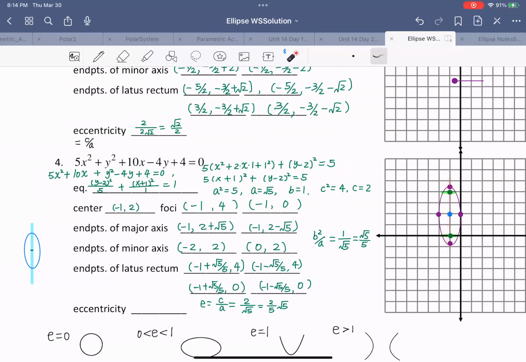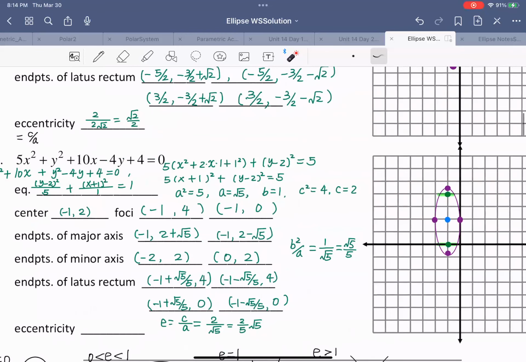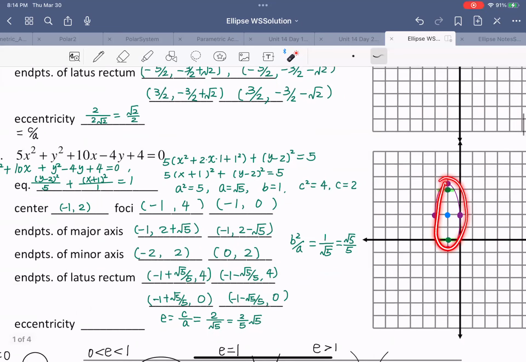And when I want to do the latus rectum, if it's a vertical direction ellipse, you want to shift from the focus. For a parabola, only one point is a focus, that's why you call it focus. Here you have two foci. For this vertical direction ellipse, your endpoints of the latus rectum, you shift to the left, shift to the right, shift to the left, shift to the right by b squared over a.